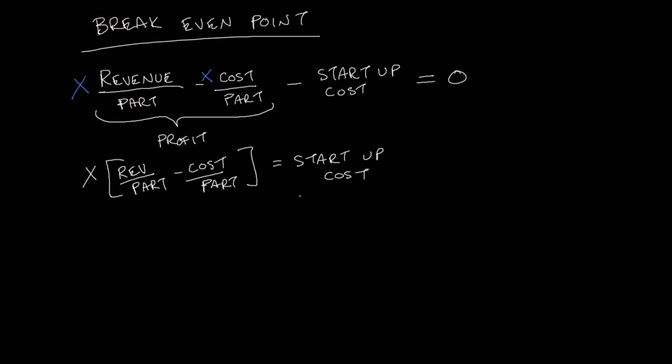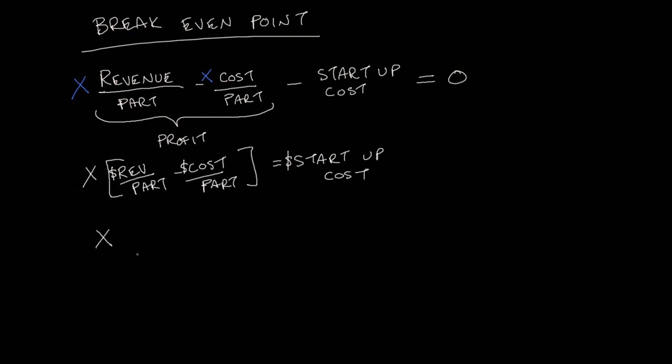I'm also going to put in units at this point. Part is a unit, but I haven't really put the dollar signs in. There's a dollar sign there, and there, and there. Then I can isolate X. X is really the number of parts.